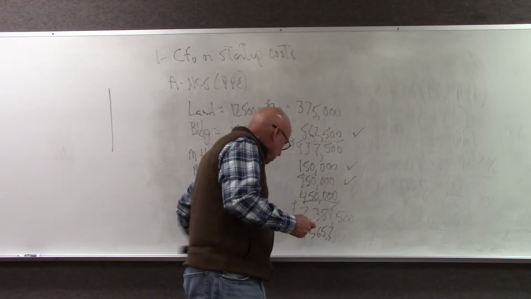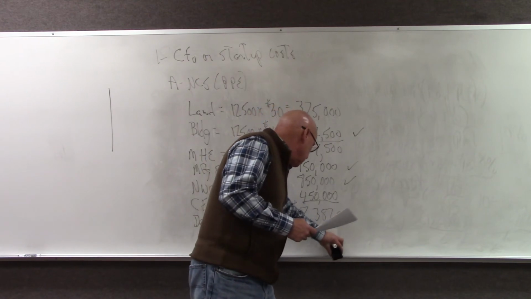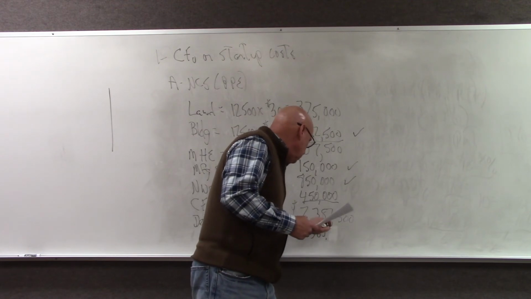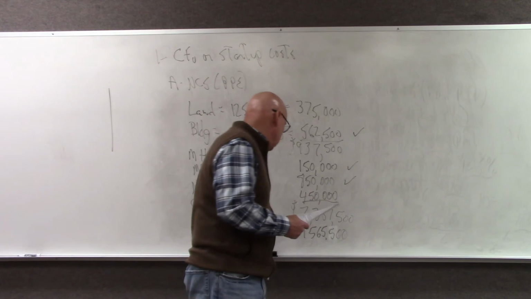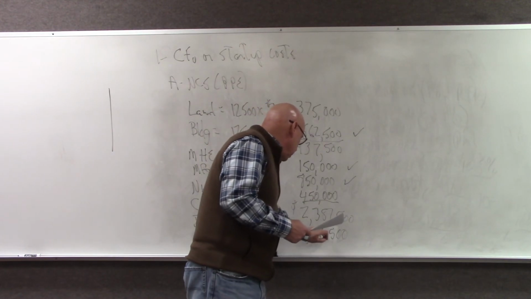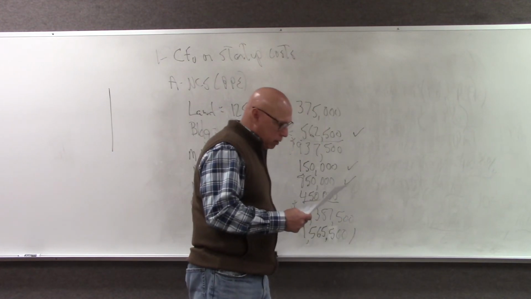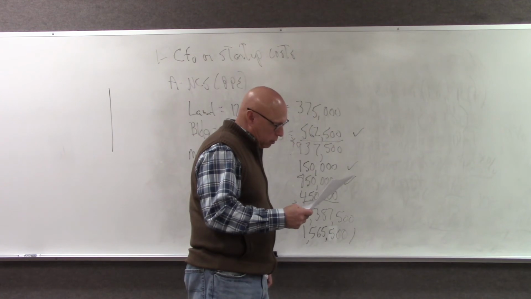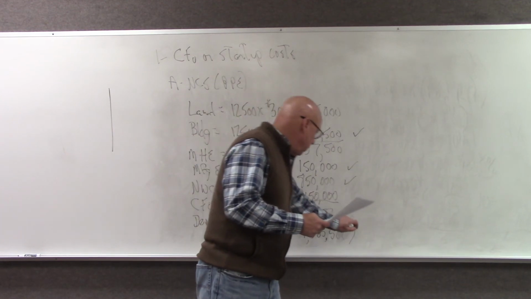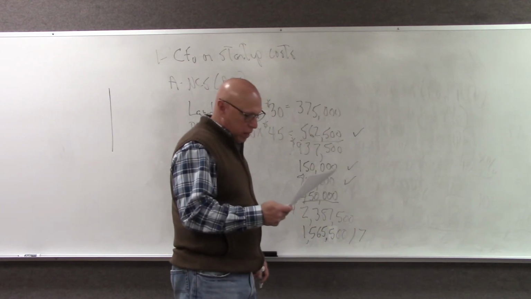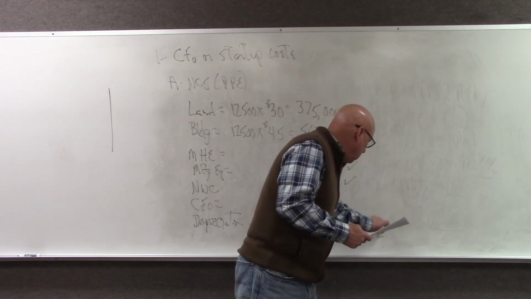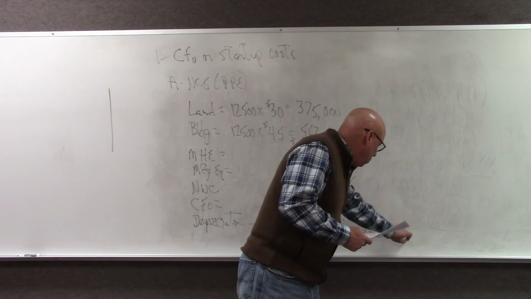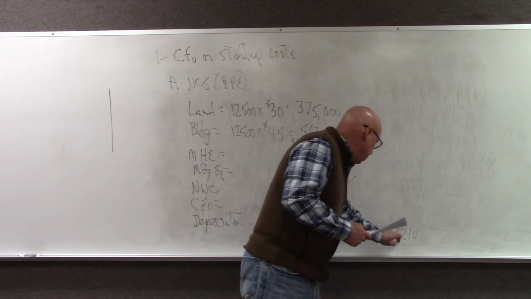Whoops. Make sure that red light's on. Okay, so that's what we're going to depreciate. And it says we're going to depreciate it over 7 years with no salvage value. And so our depreciation expense will be 223,214. That's our depreciation expense.